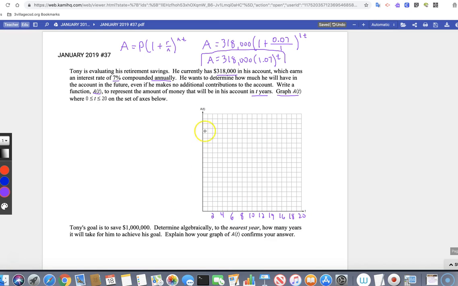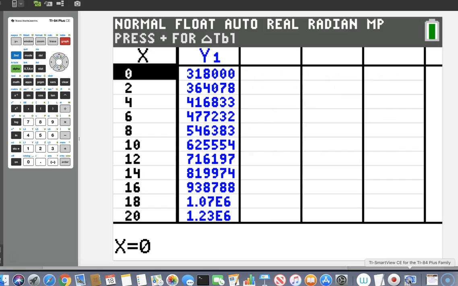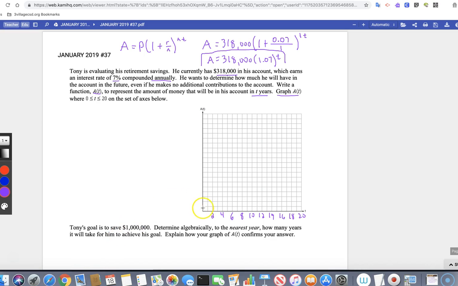And now along the y-axis, there are 20 increments there, but remember, I can't go above this highest value here. I have to make sure that I scale my y-axis accordingly so that I can get all my points on here. There's not necessarily just one correct way to do it, but since I have to get 318,000 down there, as well as get all the way up to 1,230,000, I'm going to scale my axes with each increment going by 100,000.